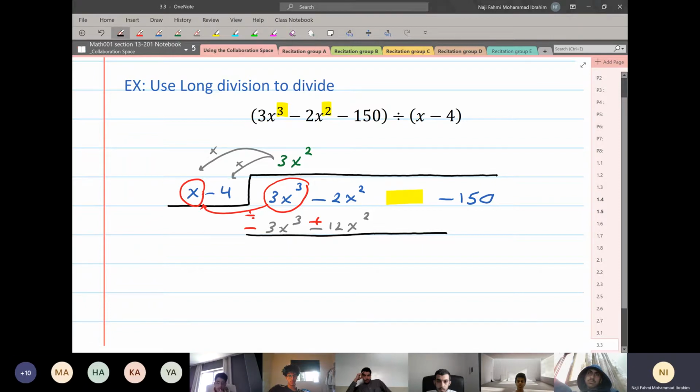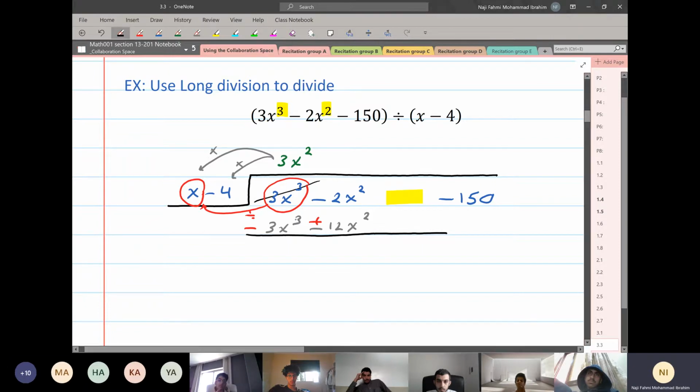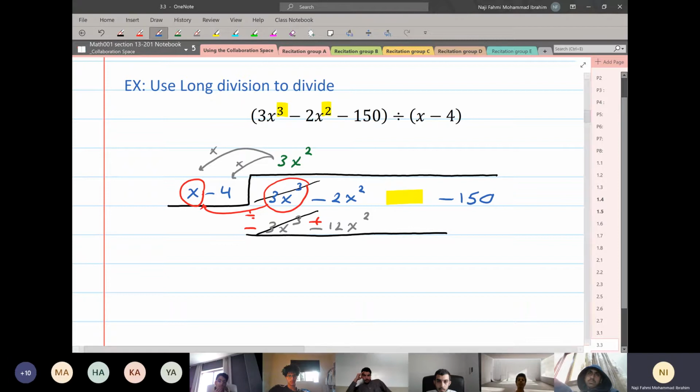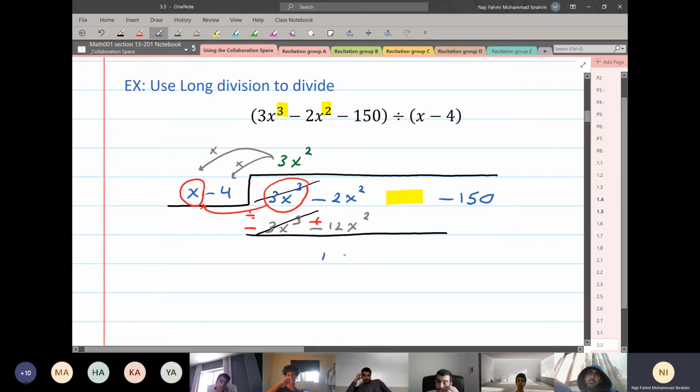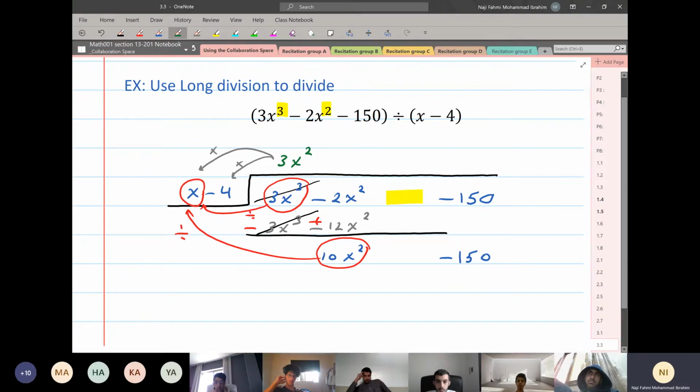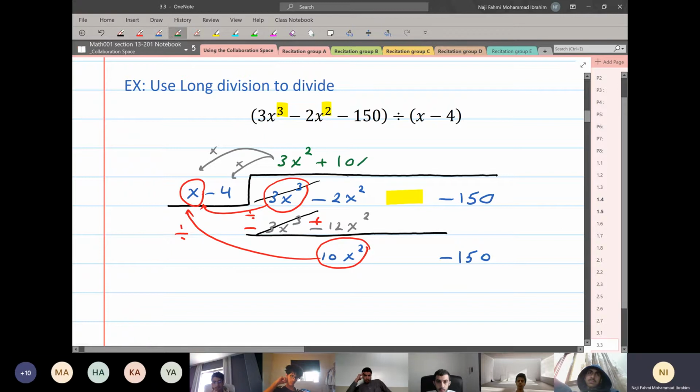Of course, now we can cancel 3x to the power 3 with 3x to the power 3. Add the next two terms. We have 10x squared minus, of course, 150. Now the next step is again to divide the leading term by the leading term. If I divide these red terms, 10x squared divided by x is 10x.